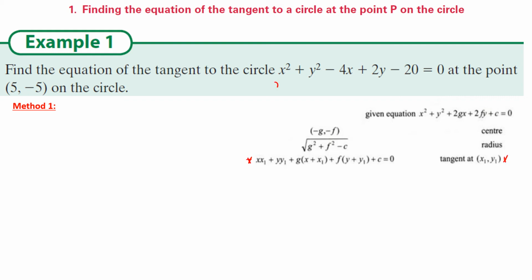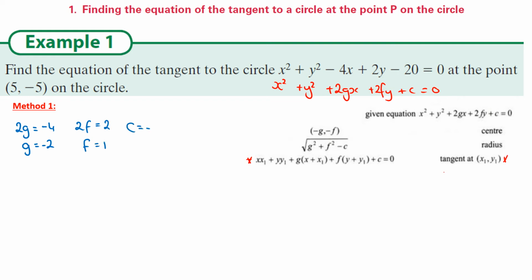So first thing I'm going to do is I'm going to take my general equation, 2gx plus 2fy. I like putting it underneath so it's really clear. And then pulling out that we have 2g equals minus 4, therefore g equals minus 2. 2f equals 2, so therefore f equals 1.